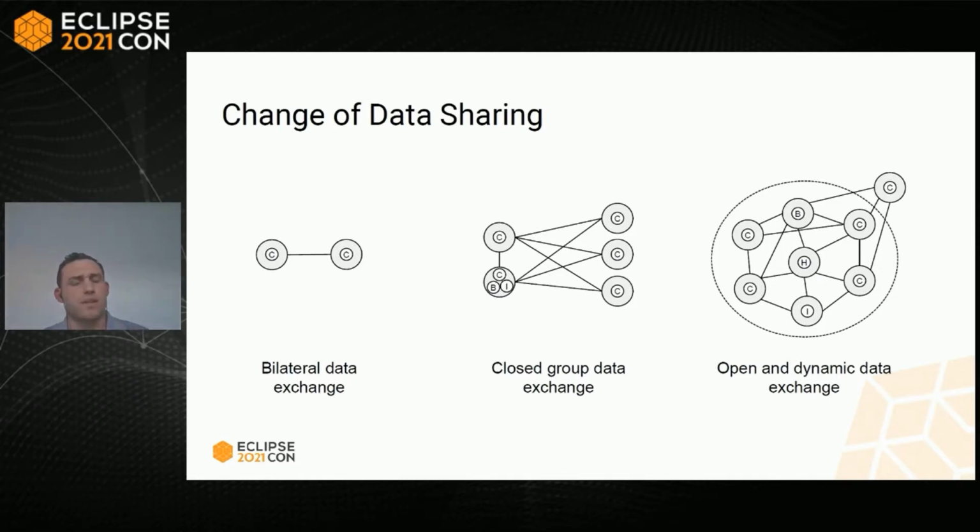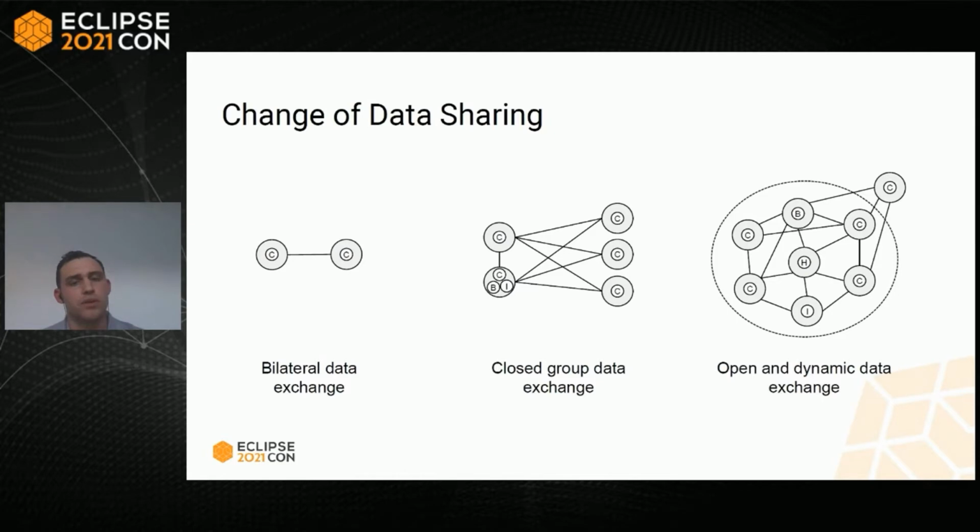Then there's a second scenario, where we have a closed group that is exchanging data. People or organizations come together to share data for a specific use case, maybe in a specific domain. And one of the partners provides some kind of services for this group.